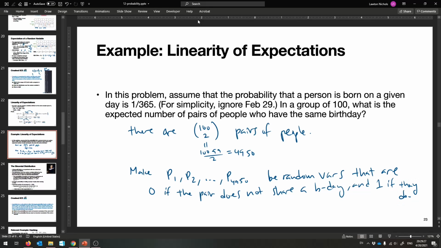So do you see that if you summed all these together, that would give you the number of pairs of people who have the same birthday.